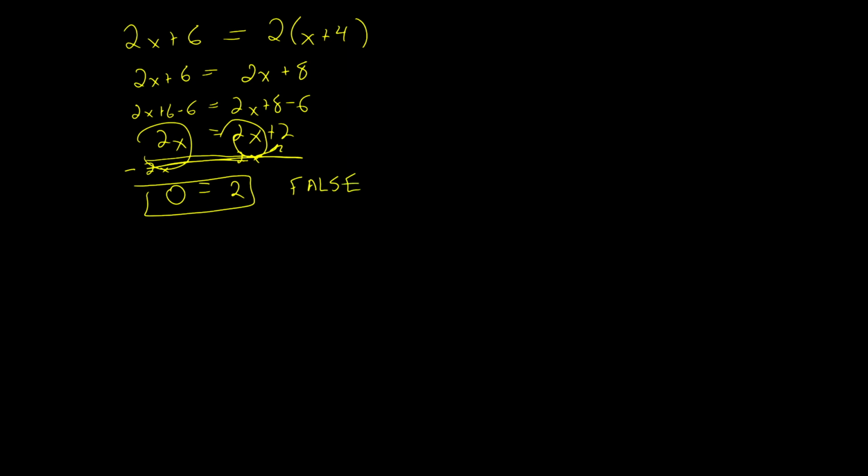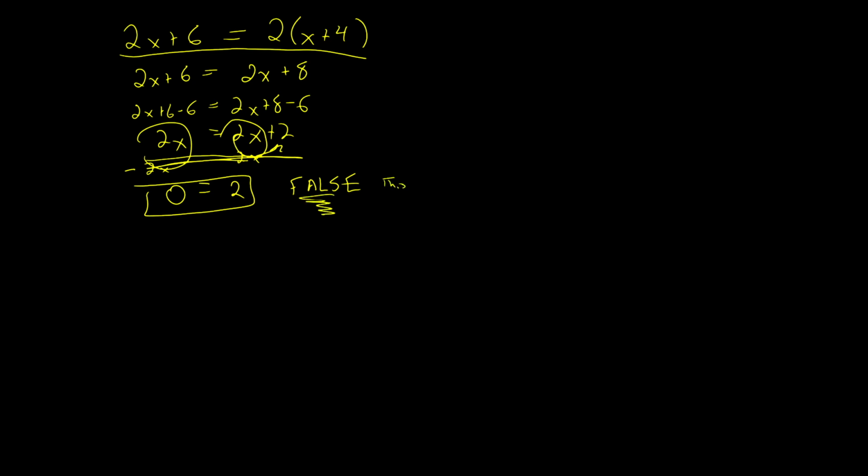So if I follow all the rules of mathematics, I'm assuming that this is true. But I follow my distribution property. I add and subtract to each side appropriately, and I get something that's false.